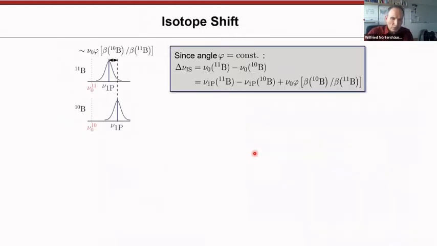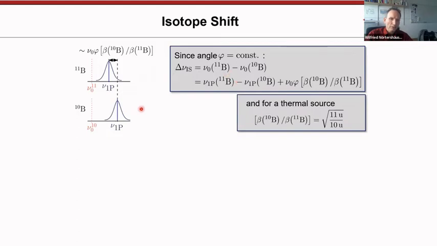Now, in order to measure the isotope shift between boron 11 and boron 10: boron 10 is only a 20% isotope, so the statistics here were much worse. Bernhard had the idea to measure boron 10 with only one laser direction, but reference it directly to the boron 11 measurement, which has been measured in both directions. But of course, what you have to take care of is the fact that the boron 10 atoms are at a different velocity than the boron 11 atoms, since they have a different mass.